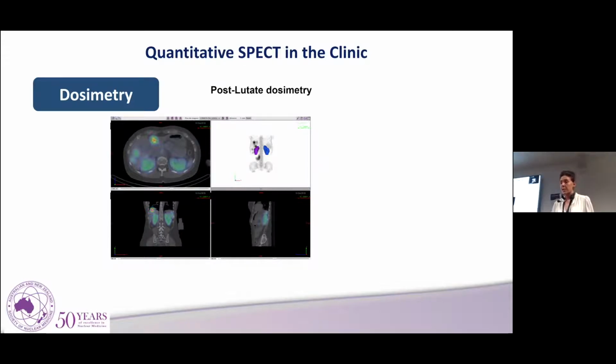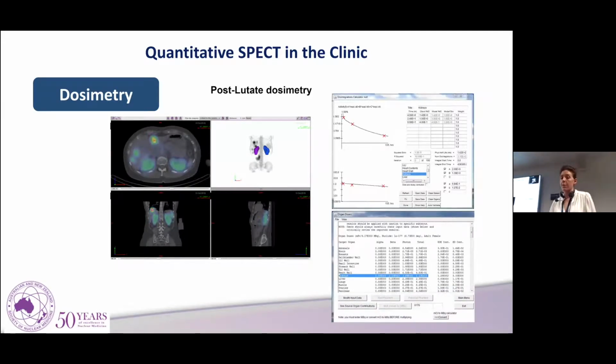For patients receiving their lutate therapy, the kidneys are one of the organs at risk, and we like to assess the dose to the kidneys following each cycle of therapy just to make sure that they're not approaching any levels that may result in toxicity, and also so we can help guide ourselves when it comes to future courses of treatment and where to next for these patients. Typically these patients would have 3 imaging time points following the injection of lutate, and quantitative SPECT can be derived for each of those time points.